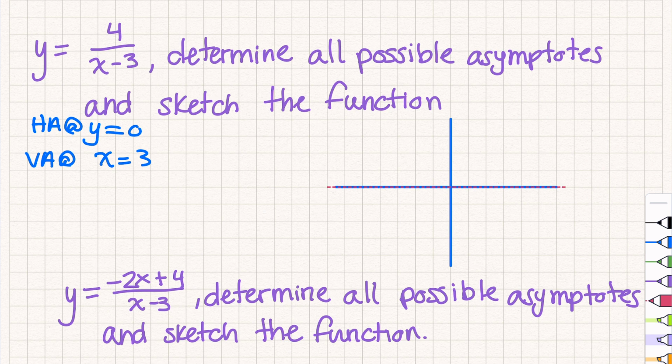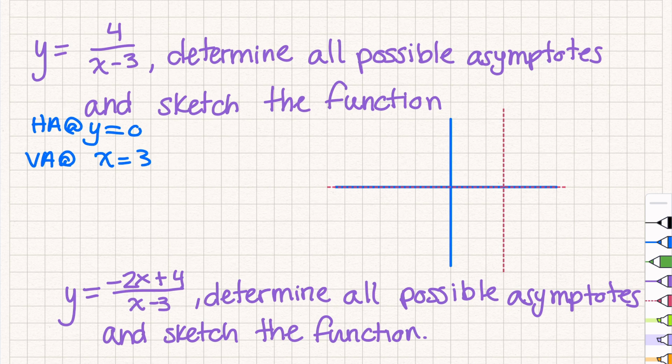We know we have a vertical asymptote at x equals 3. So now what we're going to do, we're going to sub in a few values. We can sub in the value 1 and we can sub in 4. We want to sub in some values that are on either side of the asymptote.